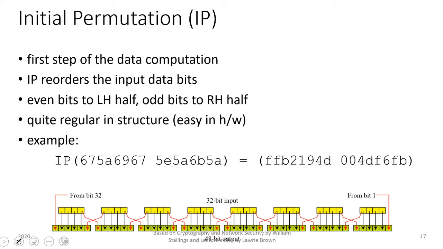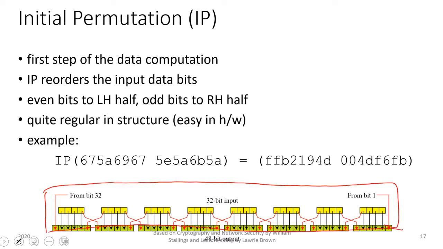When we think about the initial permutation, we take the data, take the input bits, and combine the left and right halves into a structure like this. We will combine, say, the 32-bit input into a 48-bit output.